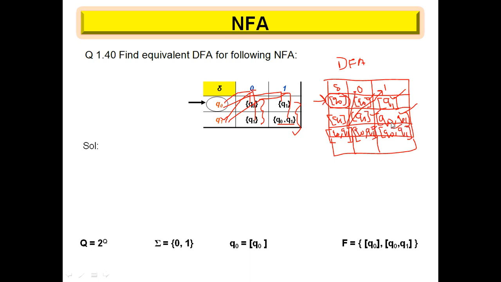Q0 is already there in this column, so we are not going to take it here. Q1 is already present here, so this option also gets cancelled. And Q0 Q1, Q0 Q1, Q0 Q1 are already there, so there will be no next state. So we have only these 3 states available here.